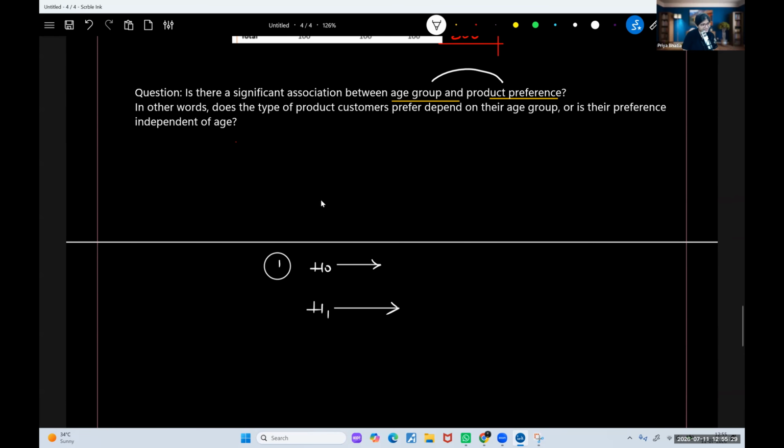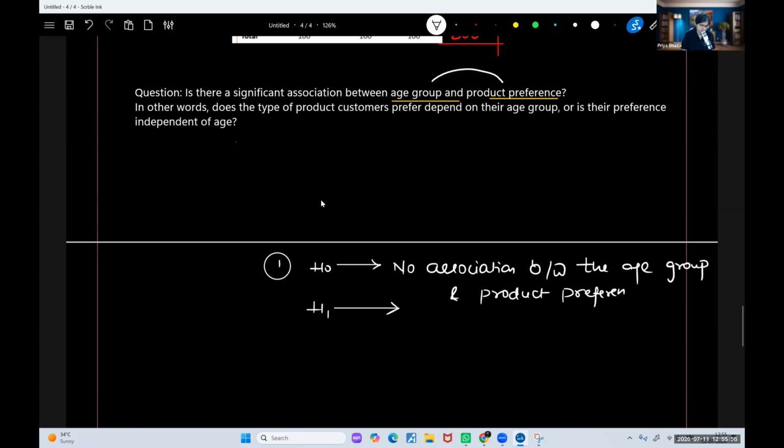Means they are independent, right? So you can say that there is no association between the age group and the product preferences. Means they are independent.